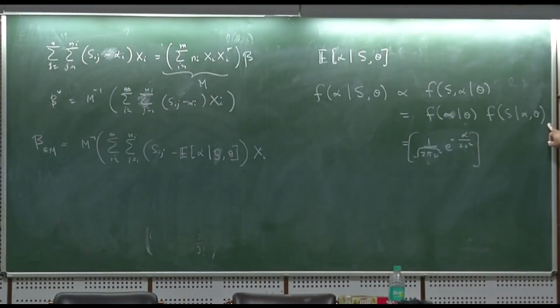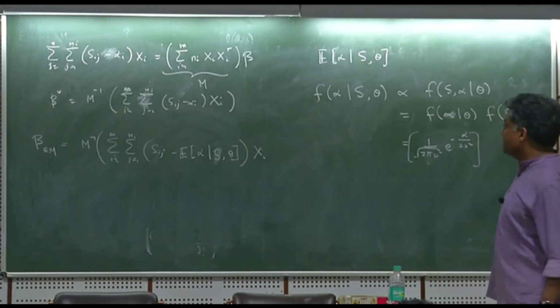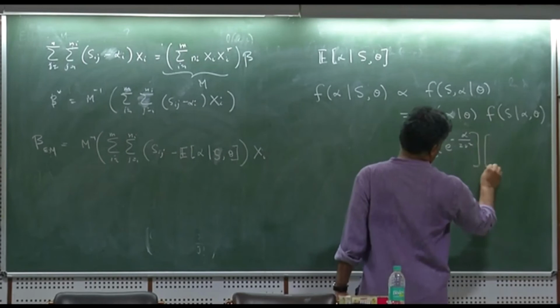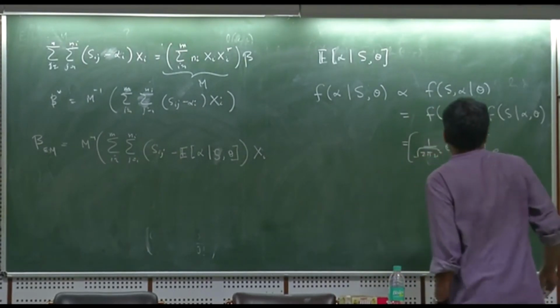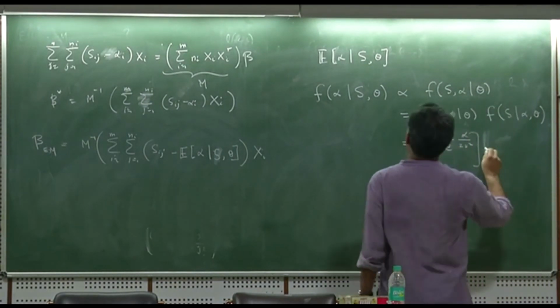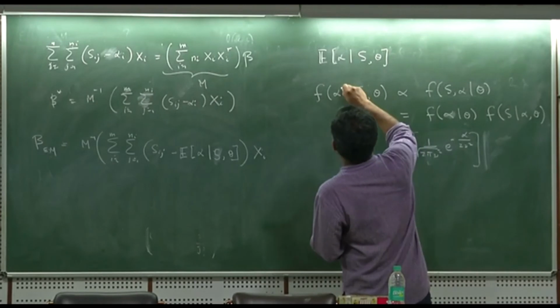What is this one? I already know what betas are, so this piece is going to be a product. Let's say alpha I is what I'm after.